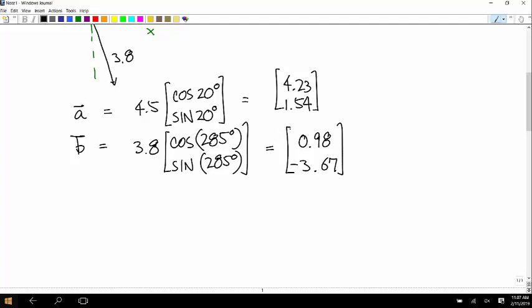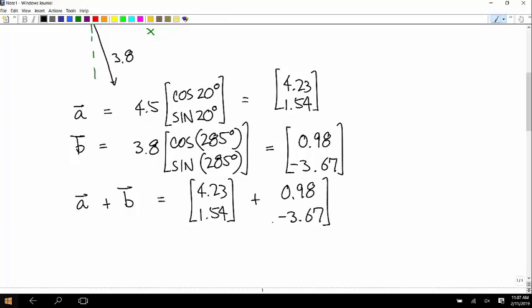Okay. And so then A plus B is just adding those components. And you get 5.21, negative 2.13. Okay, that one wasn't so bad. How about this one?